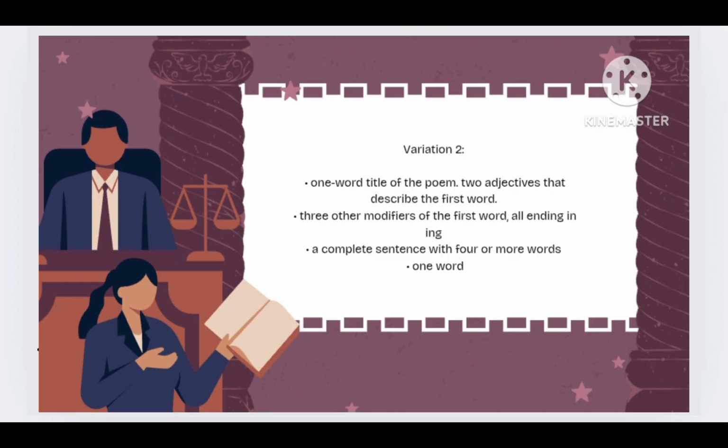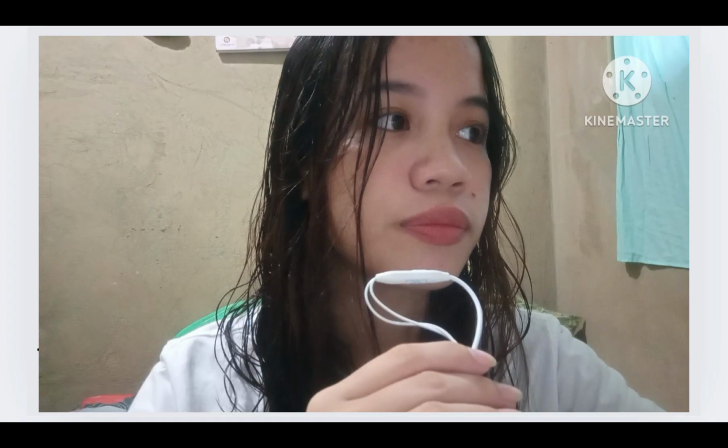Okay, second variation: one word title of the poem, two adjectives that describe the first word, three other modifiers of the first word, all ending in ing, a complete sentence with four or more words, and the last one is one word.